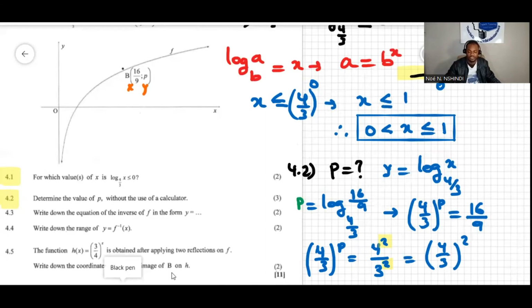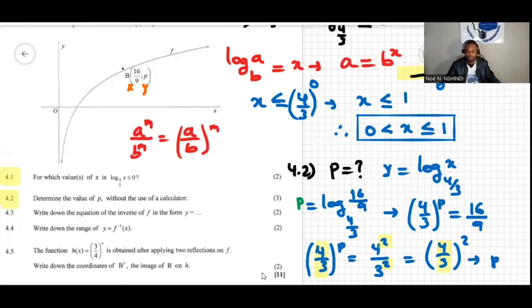Remember the law of exponents that says a to the power of m over b to the power of m can be written as a over b, all to the power of m. So then the bases are the same here, and we equate the exponents. Therefore p is equal to 2. So the value of p is equal to 2.